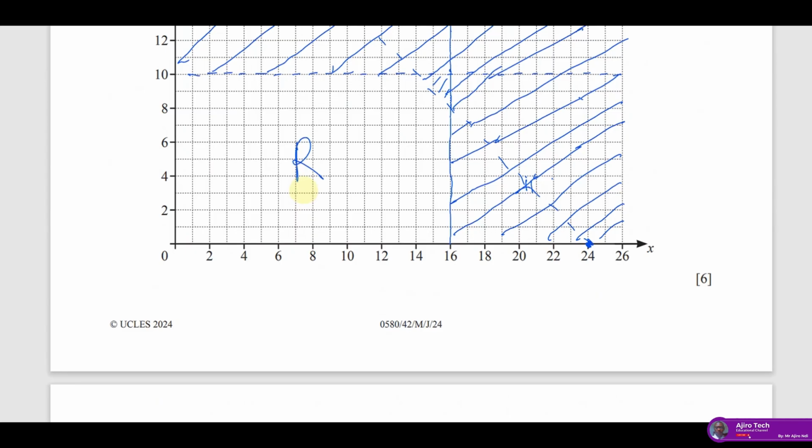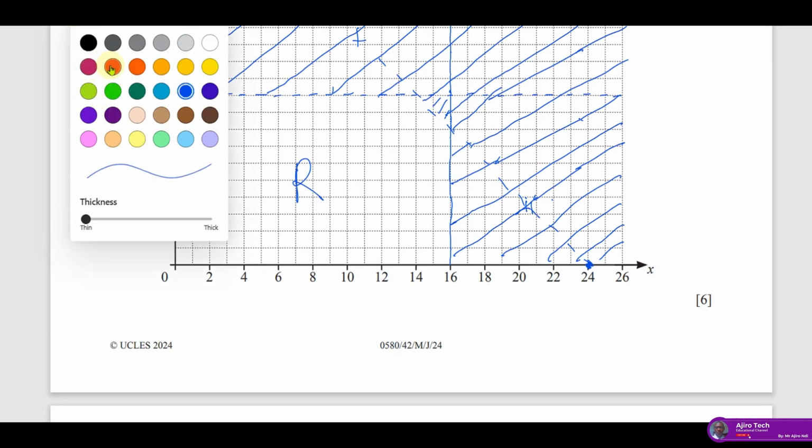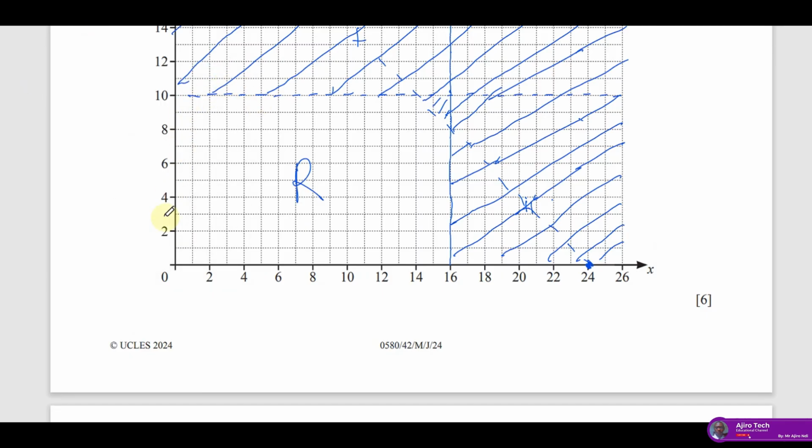So we have vertices. Let me change the ink to highlight the vertices. We have a vertex here, we call it A. That vertex here, I won't mark this place because at this line you have dotted lines with less than 10. So 9 is the biggest number less than 10. I'll mark 9 as B. We have a vertex here, but this continuous line should be less than 10 to 9.